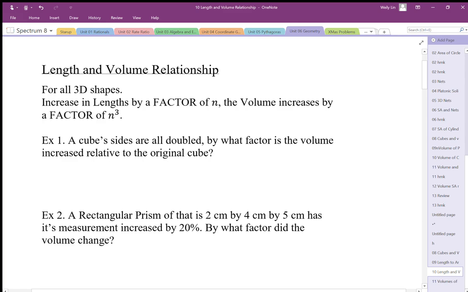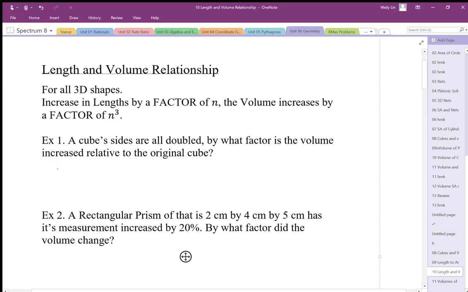So if the sides of a cube are all doubled, by what factor is the volume increased relative to the original cube? Well, if I take a 1 by 1 by 1 cube, I have 1 cube of volume. If I take a 2 by 2 by 2 cube, I have 8 cubes of volume.